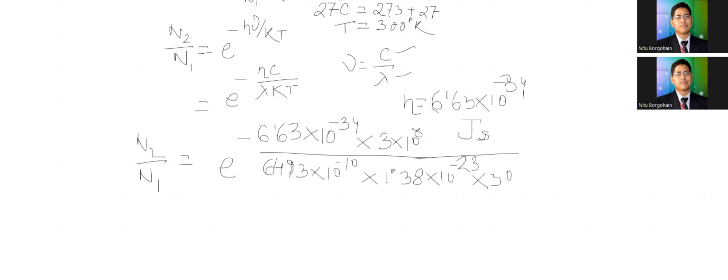So if we solve all the terms here, it comes around e to the power minus 73.02. Okay.